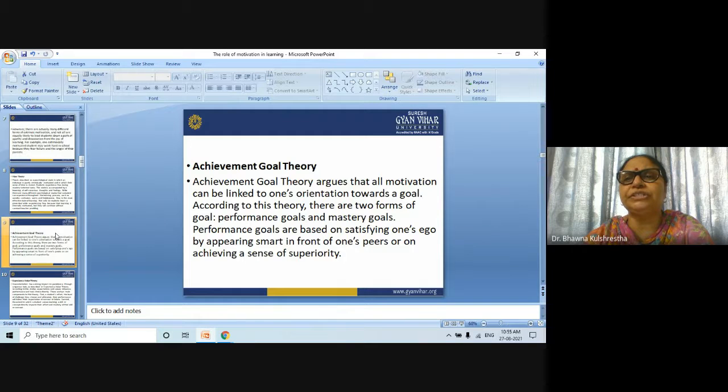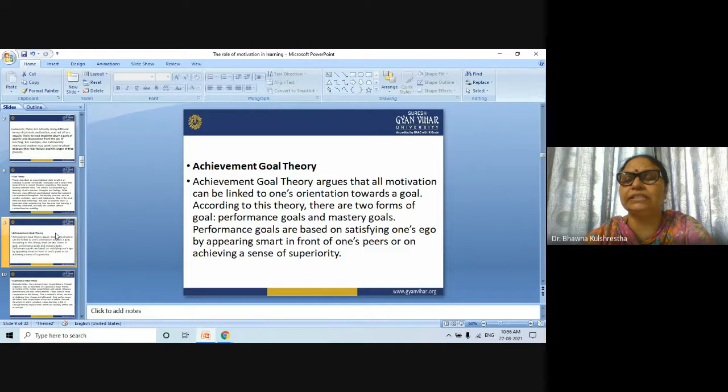Some researchers in education have broken the concept of achievement goal theory down further, drawing the idea of approach and avoidant behavior from psychology.